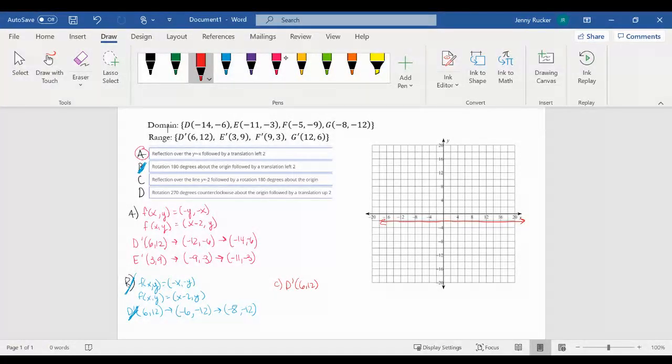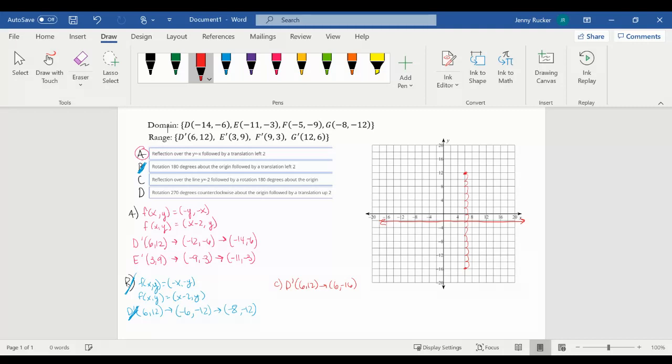So 6, 12 is right here, and we're going to reflect this over the line y equals negative 2. So that's 1, 2, 3, 4, 5, 6, 7. 1, 2, 3, 4, 5, 6, 7. So that is at 6, negative 16.